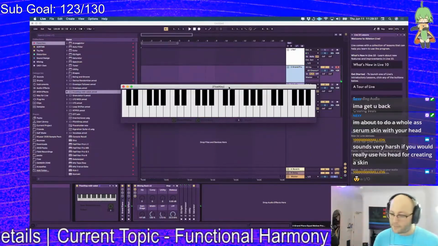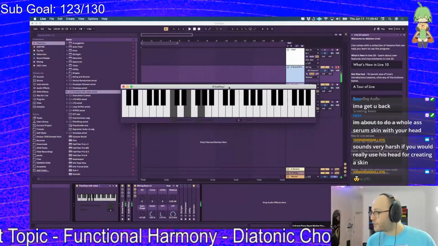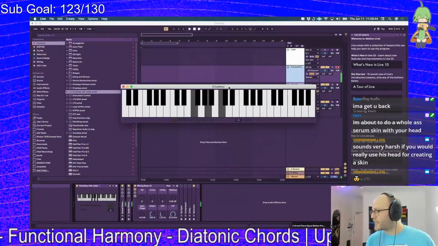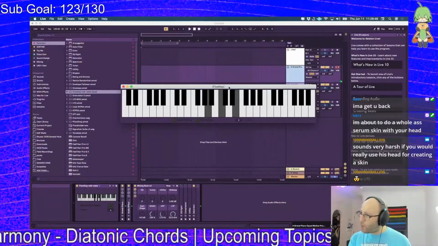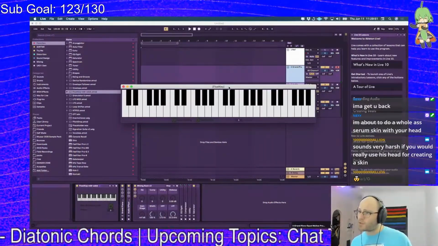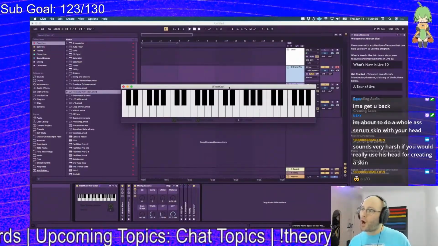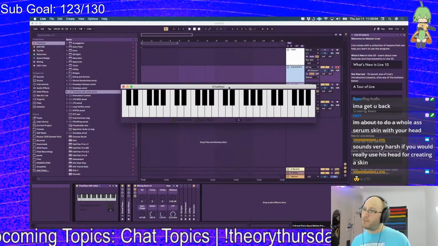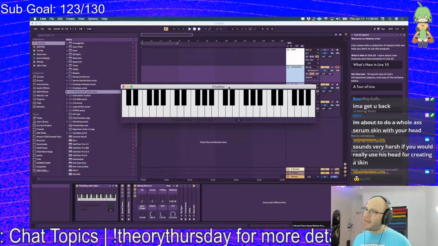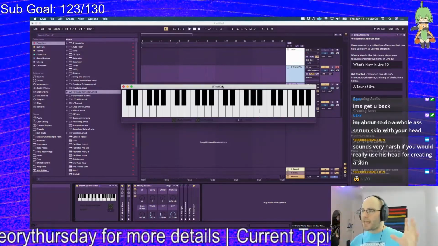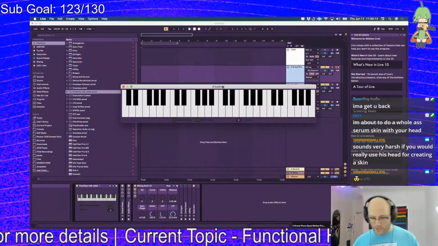Now, if I'm in minor, that would be 1, 2, 3, 4, 5, 6, 7, 1. And notice that it's the exact same chords. We're going to label them differently based on what our key is, but every scale has 2 main sequences for those chord progressions.